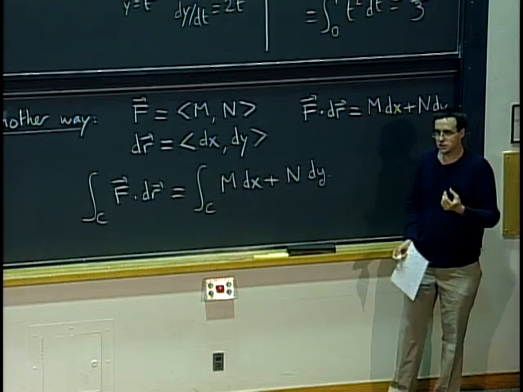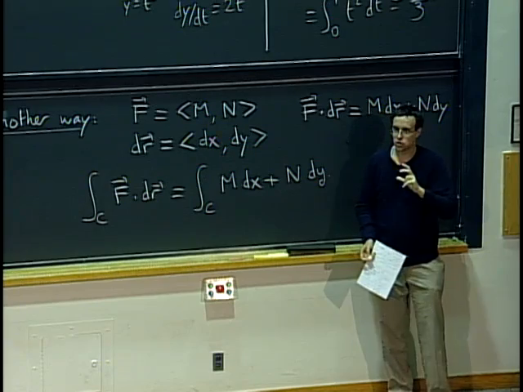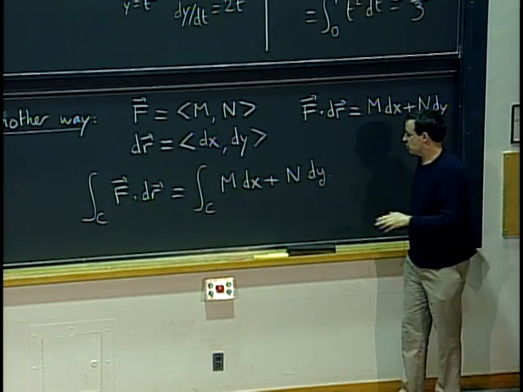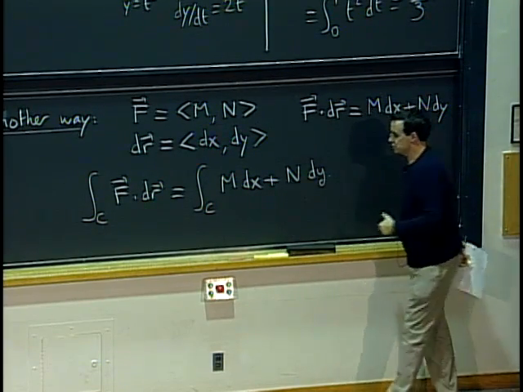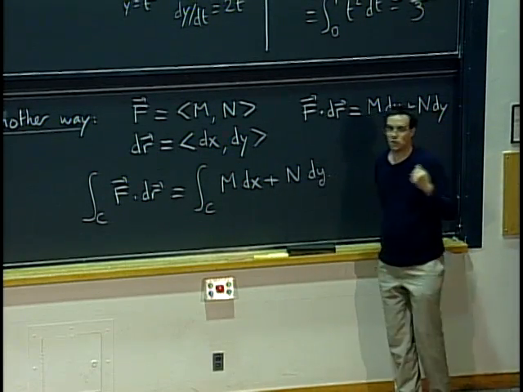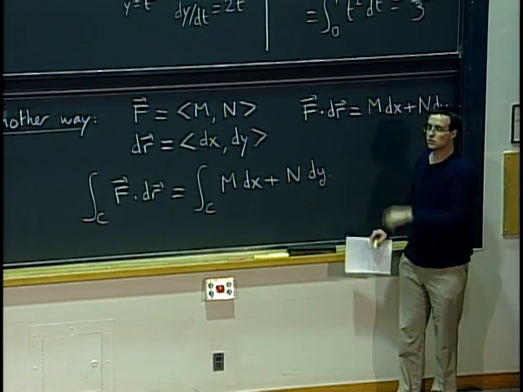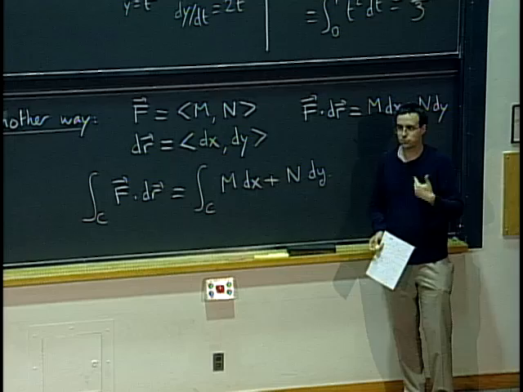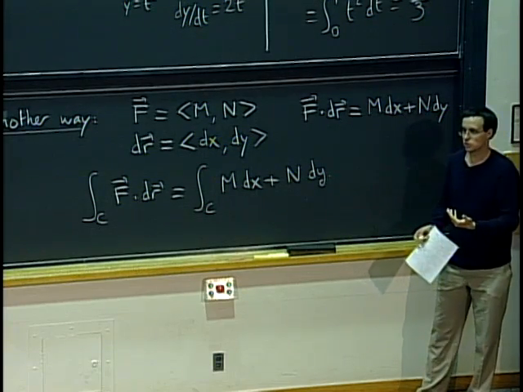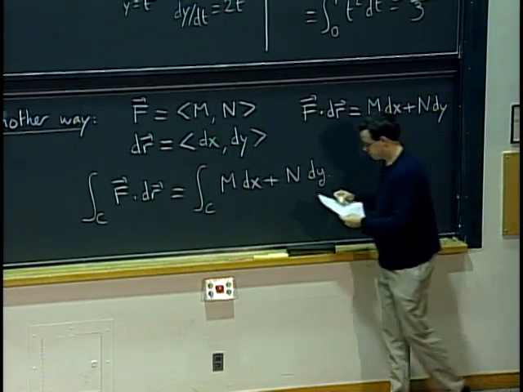The catch is that along the curve, x and y are actually related to each other. Whenever we write this, we have two variables x and y, but in fact, along the curve C, we have only one parameter. Could be x, could be y, could be time, whatever you want. But we have to express everything in terms of that one parameter, and then we get a usual single variable integral.